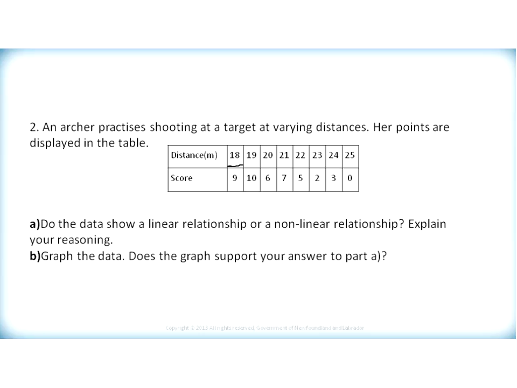She starts at 18 meters away from the target and moves 1 meter back to 19, 1 meter back from that to 20, and so on and so forth, all the way back until she gets to 25 meters away from the target. And we have her scores here at the bottom. Part A: Do the data show a linear relationship or a non-linear relationship? Explain your reasoning. And B, we're going to graph the data. Does the graph support your answer to part A?